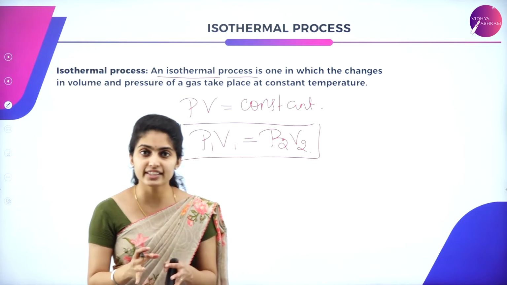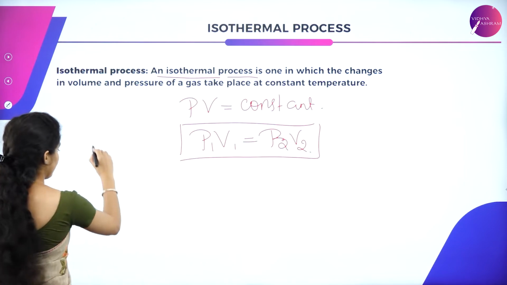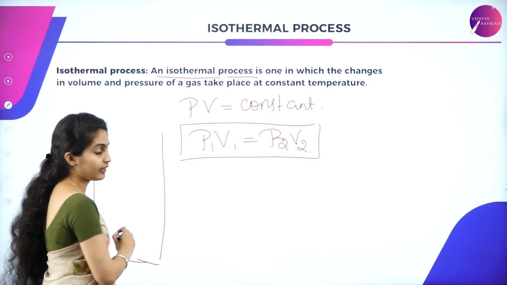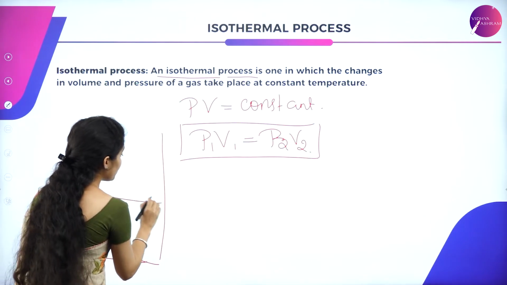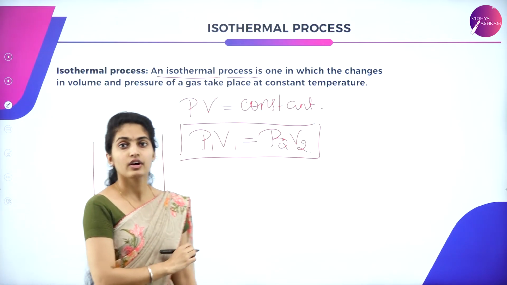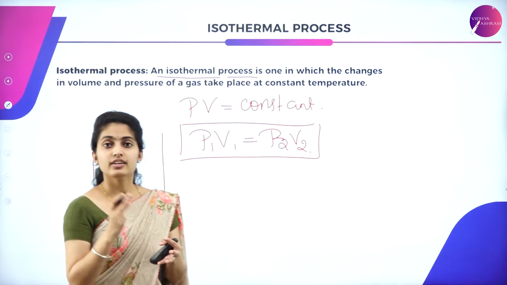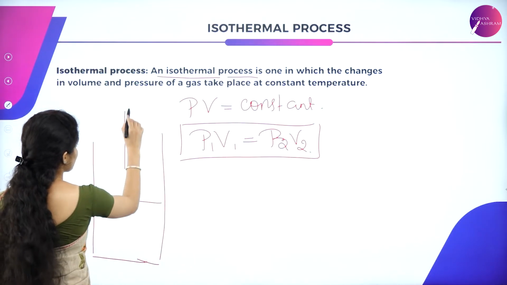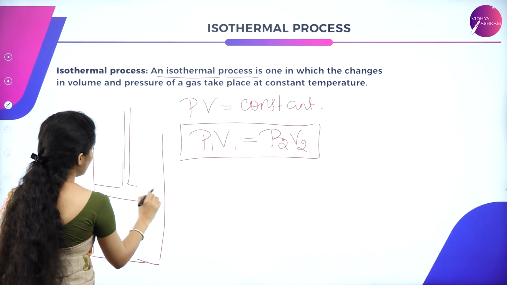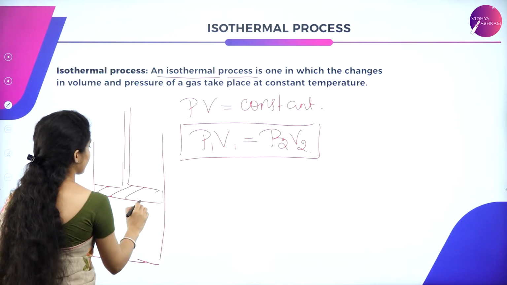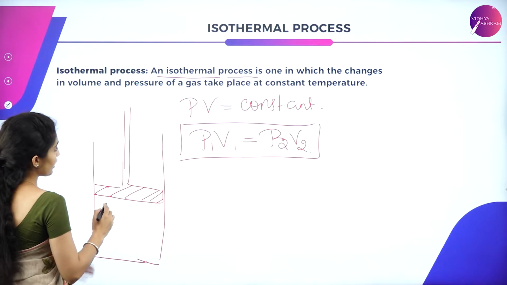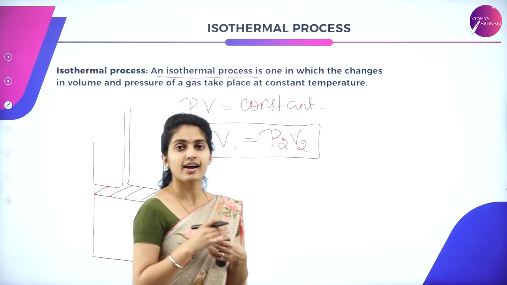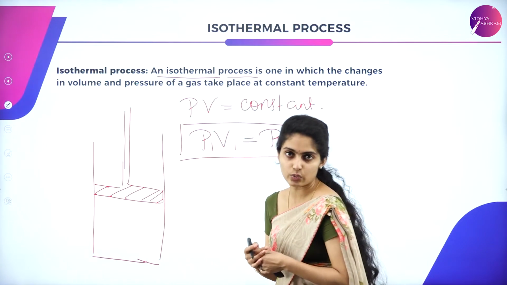Consider a cylinder which is a good conductor. So if this is a cylinder which is a good conductor and a certain fluid is present over here, it is provided with a frictionless piston, which is used in order to compress inside the cylinder, either it is gas or it is a liquid.